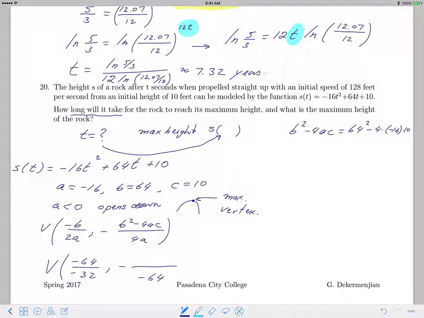Okay? 64 squared is 4,096. And then this will be plus 640, which gives 4,736. So here we have 4,736 divided by 64. And if I simplify this, my vertex would be 2, comma, 74.